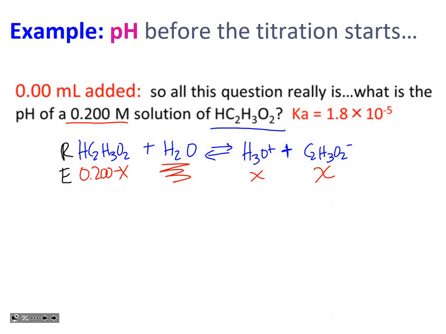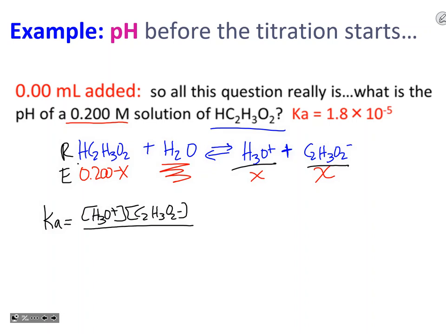Then all we have to do is write out the equilibrium expression. Ka equals the first product, the concentration of the hydronium, times the conjugate base over the original acid, which is the reactant, like so.